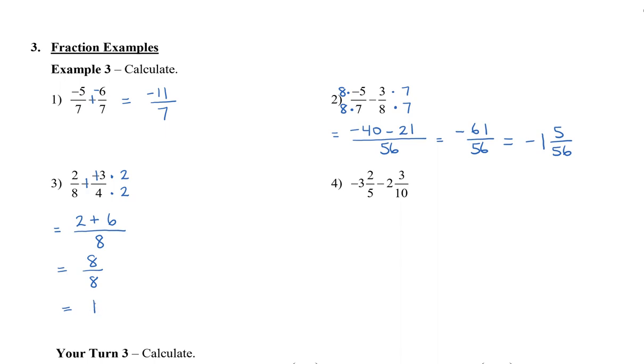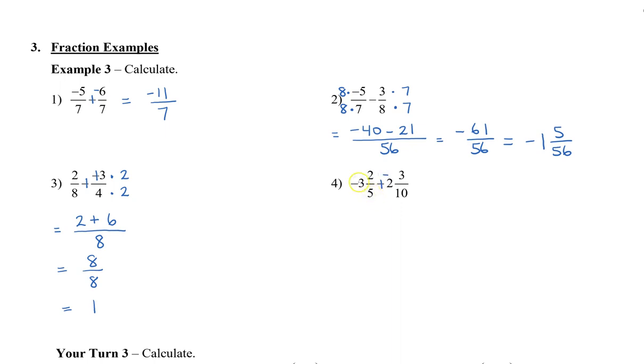All right, now the last one, like when we were adding in our previous video, we need to change these mixed numbers into improper fractions. So what we're going to do is change this to plus negative to make it a little bit nicer.